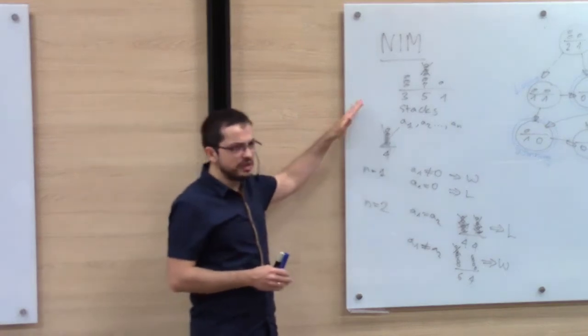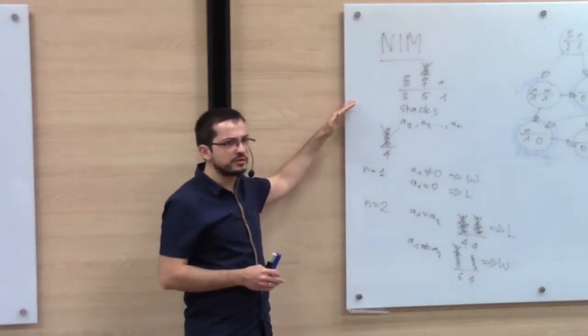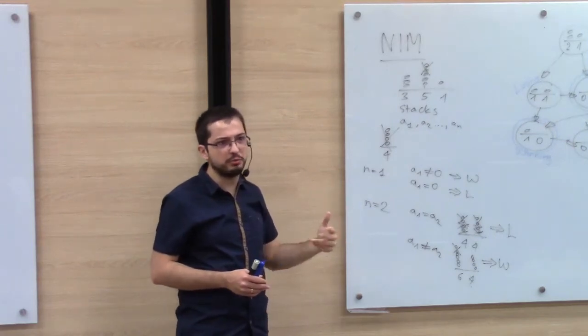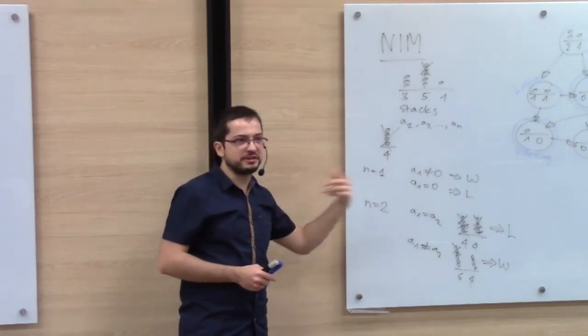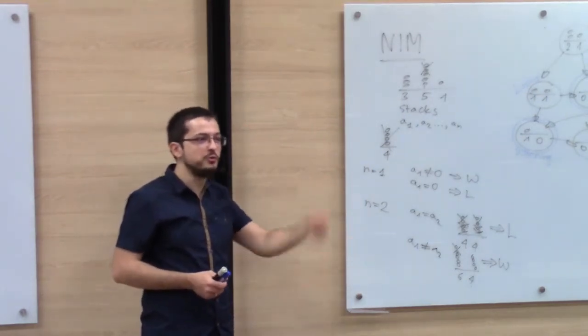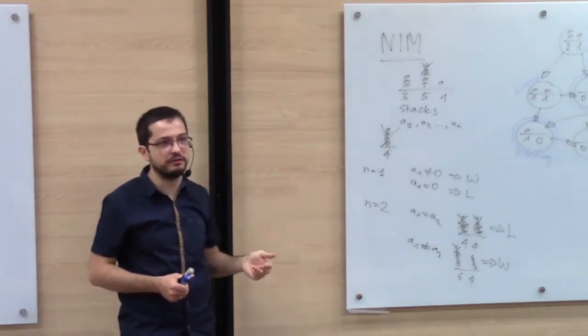So in case of Nim, when we add this kind of moves, if someone has a losing strategy, we'll end up in an infinite game, because the player with the losing strategy will just add coins, and then the second player will remove them, and it will go on forever.